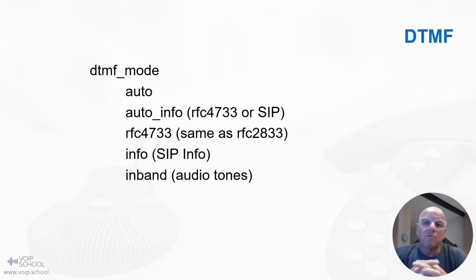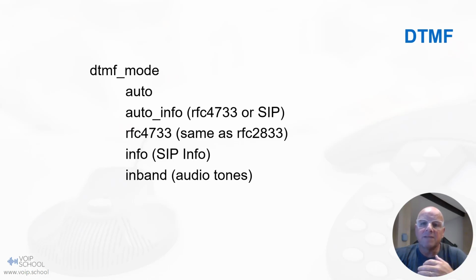The DTMF dual-tone multi-frequency signaling mode in Asterisk PBX can be configured using different options in the endpoint. The auto mode automatically detects and handles DTMF tones sent via either RFC 4733 or SIP info methods.